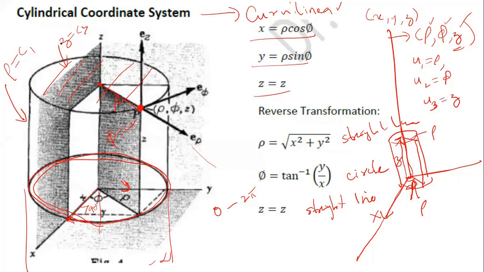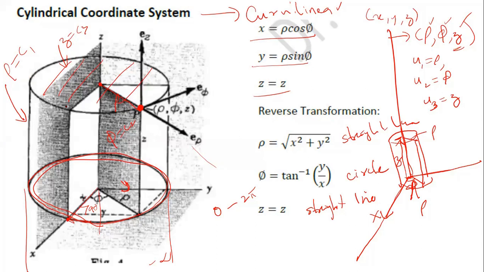So you just consider an infinite cylinder piercing through such z equal to C3 plane. The intersection, as you see, is a circle. The intersection of rho equal to C1 and z equal to C3 is a circle here.